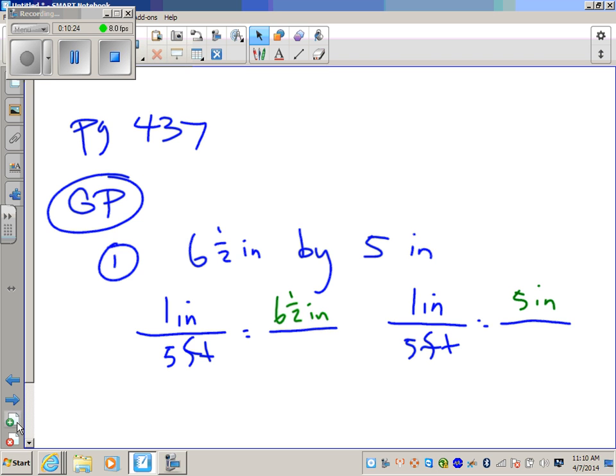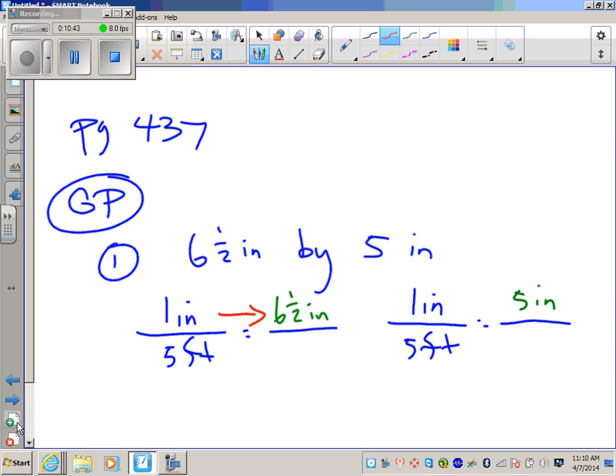How are we going to find these measurements? Does it matter which one? Well, let's take them in order. Probably makes things easier. Is there a relationship between 1 and 6.5? How would I get to 6.5 from 1? Times 6.5. That's the nice thing about using 1.